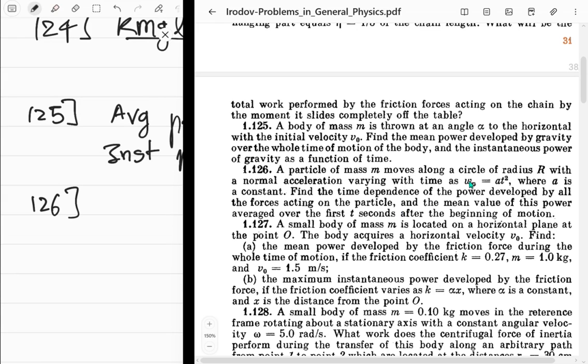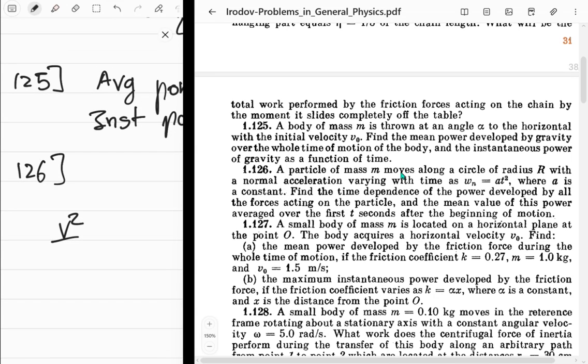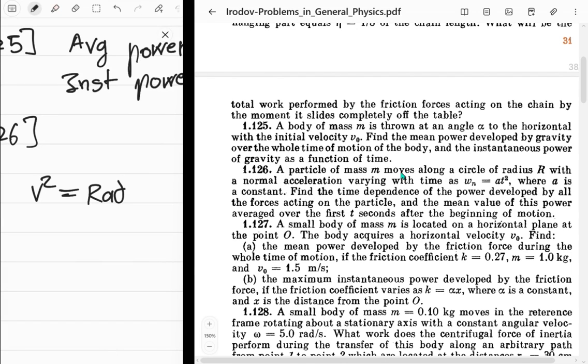Wait a second. Okay, you just gave us how the velocity changes. v squared upon r is going to be this thing, so v squared is just r a t squared. That's all you are saying.